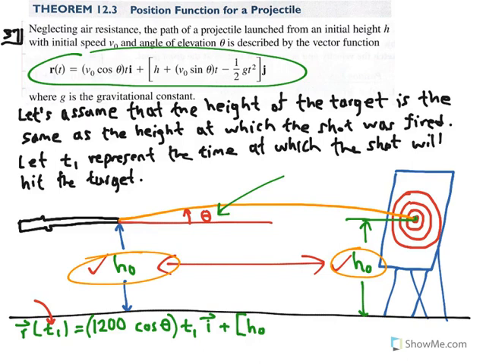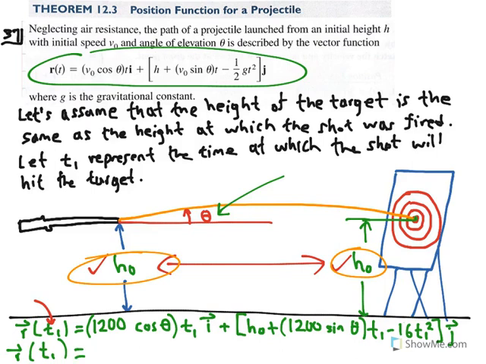So the initial height by assumption is h naught, whatever that may be, plus v naught, which is known to be 1,200 feet per second, times sine of theta, and theta is what we're after, times t sub 1, minus 1/2 times 32 feet per second squared, so minus 16 t sub 1 squared, j. And what else do we know? We know how far the target is from where the shot was fired.